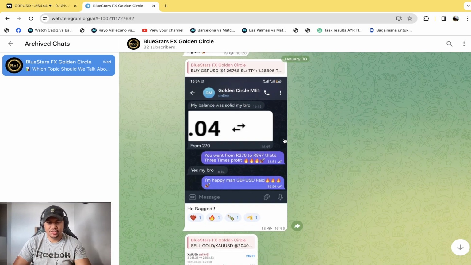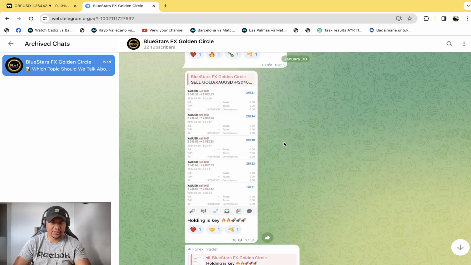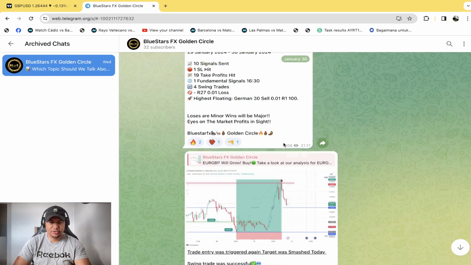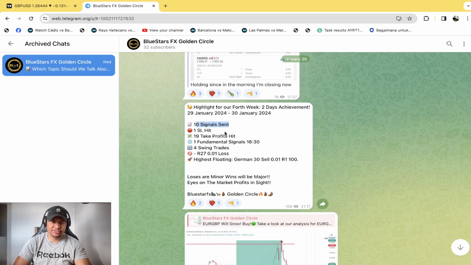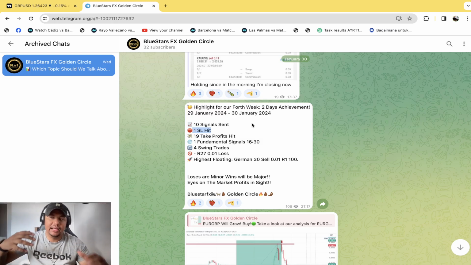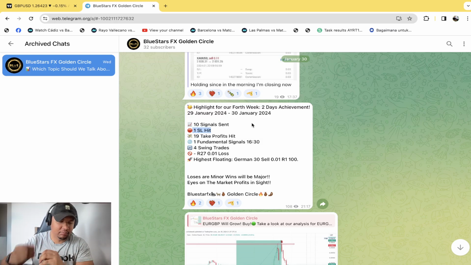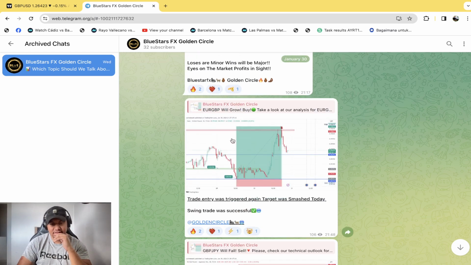Okay, Golden Circle, you went from 217 to, that's 3 times profit. Okay, some testimonials. There, 10 signals sent, 1 stop loss hit. See there? That is misleading information. It's very easy to say 1 stop loss had hit.